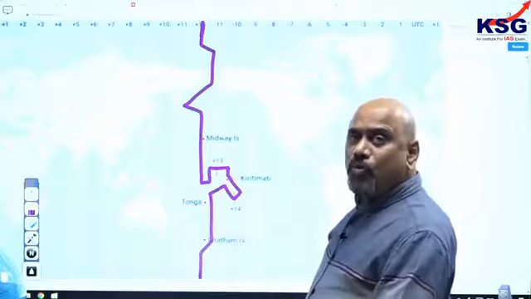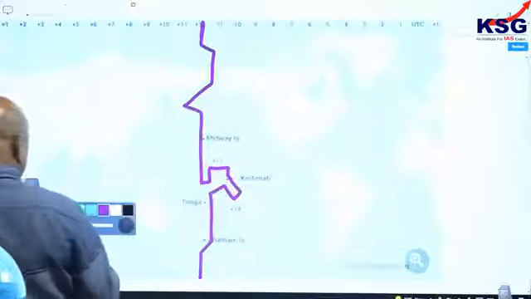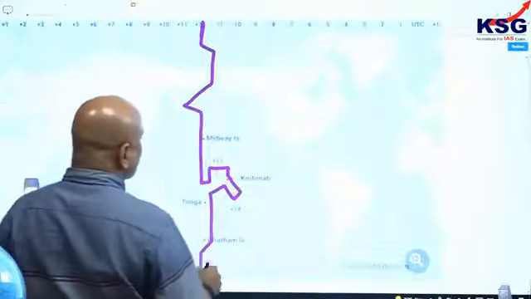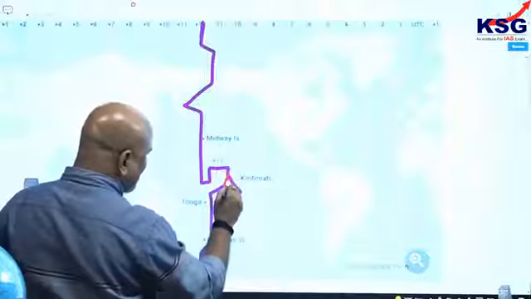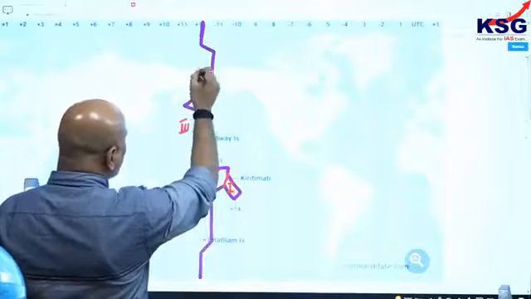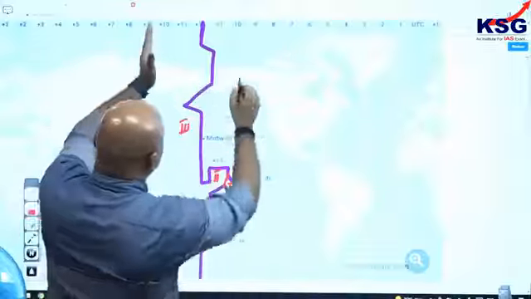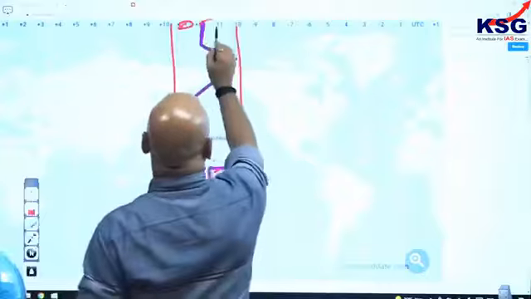Coinciding with the 180° longitude. It coincides with 180°. And here you see, this part has a time zone, this has a time zone, and here is another time zone. So 3 time zones come here. From here to here, 3 time zones are coming, 1, 2 and 3.